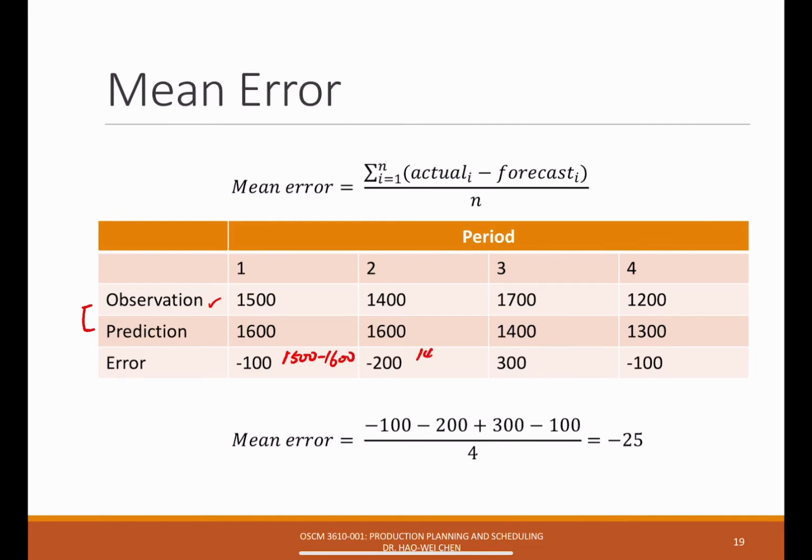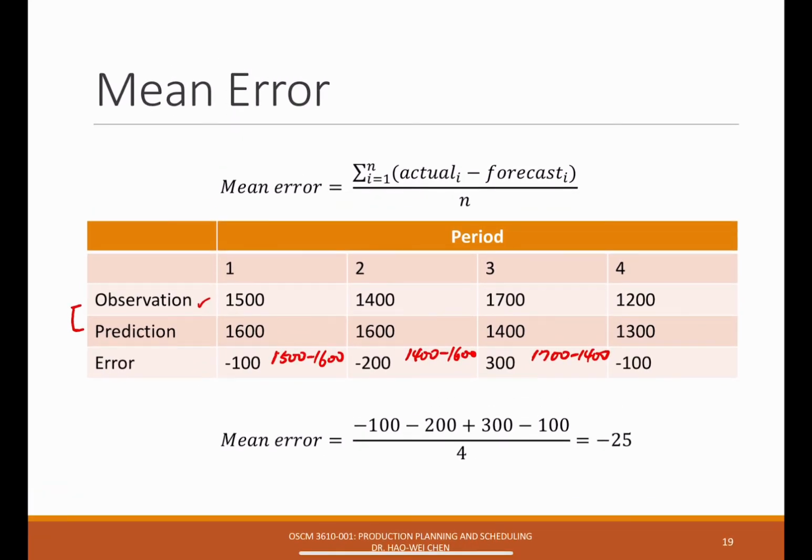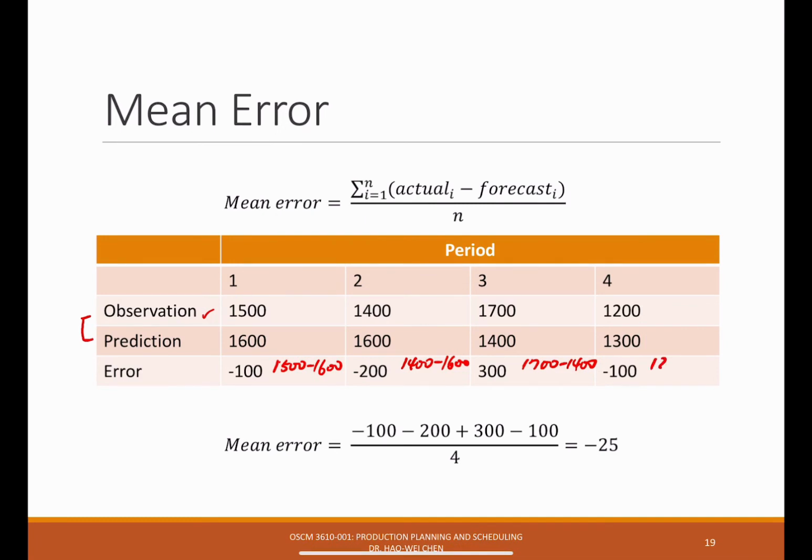And 1400 subtract 1600 is negative 200. 1700 subtract 1400 is 300. 1200 subtract 1300 is negative 100. Once you get the errors, you just need to sum up all these errors. So we get negative 100 minus 200 plus 300 minus 100 divided by 4, and we know the average error will be negative 25.